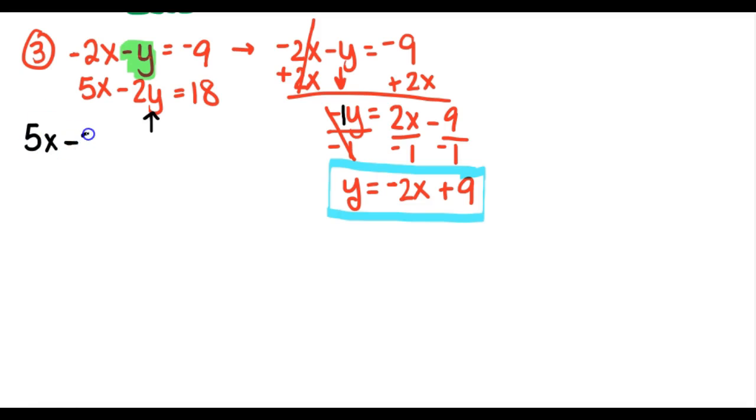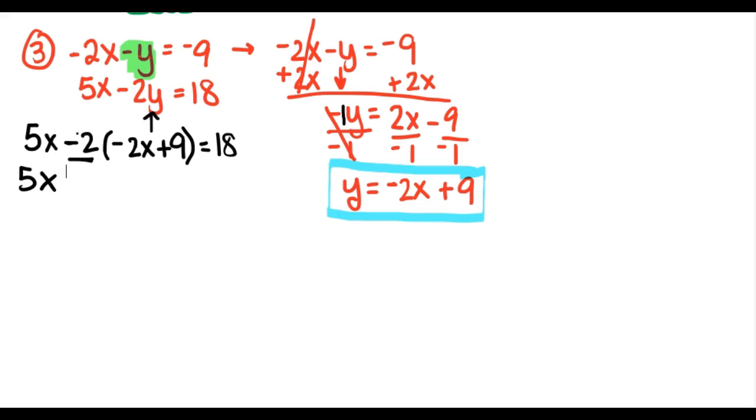5x minus 2. So when we distribute, be careful because we're going to be multiplying everything by that -2. So it's going to be a -2x plus 9, bring down the equal sign, bring down the 18. So I'm going to bring down the 5x again, which is fine. And now I'm going to look at distributing this.